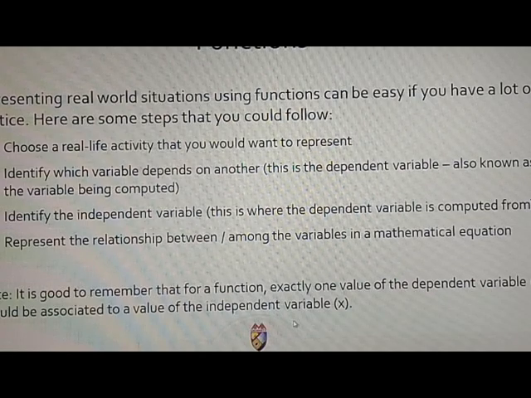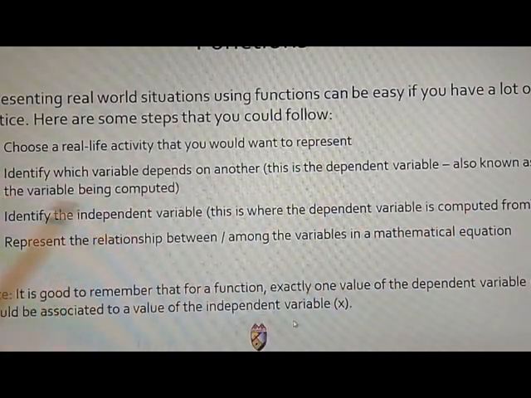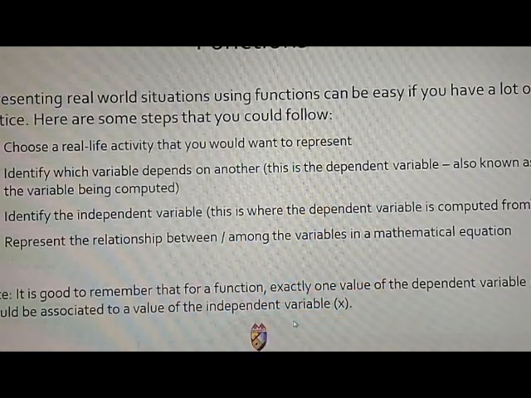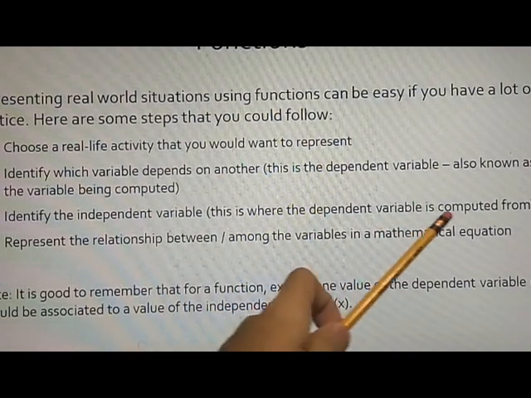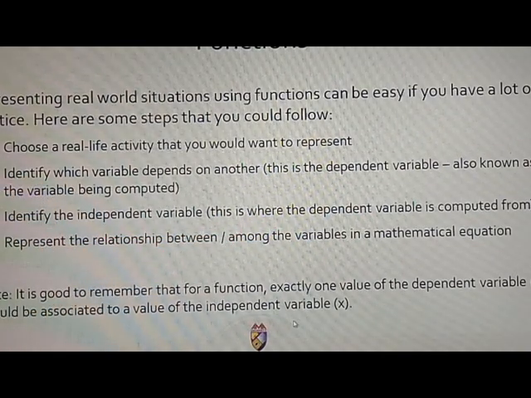This is the dependent variable, also known as the variable being computed. A dependent variable represents the output. Number 3, identify the independent variable. This is where the dependent variable is computed from, or it represents the input.